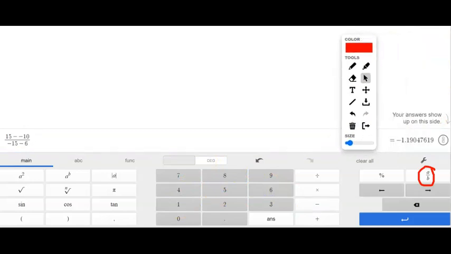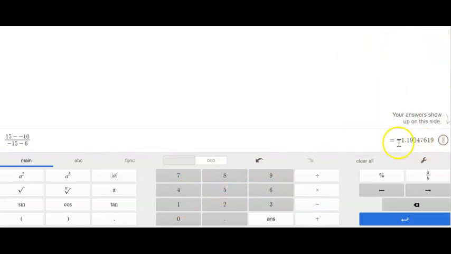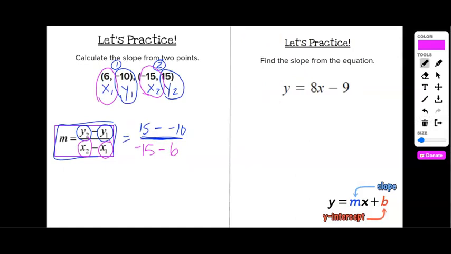And we can see that our answer shows up over here. It's giving me my answer as a decimal. However, if I click this little fraction button, it'll convert it to a fraction for me. And I can see that my slope is negative 25 over 21. And that's how you find the slope from 2 points.